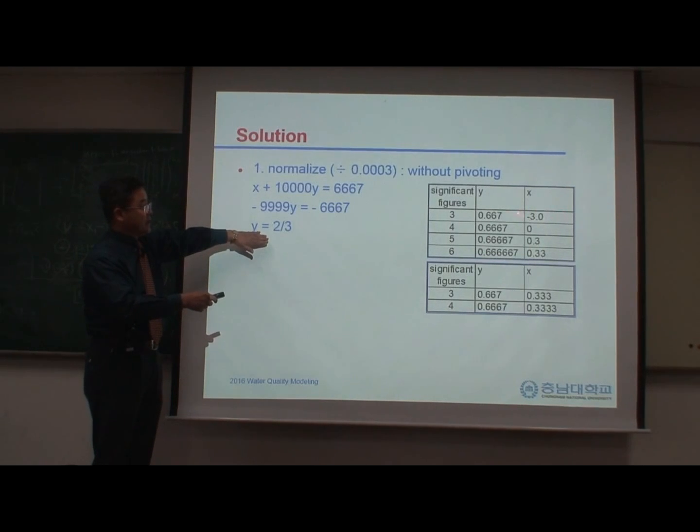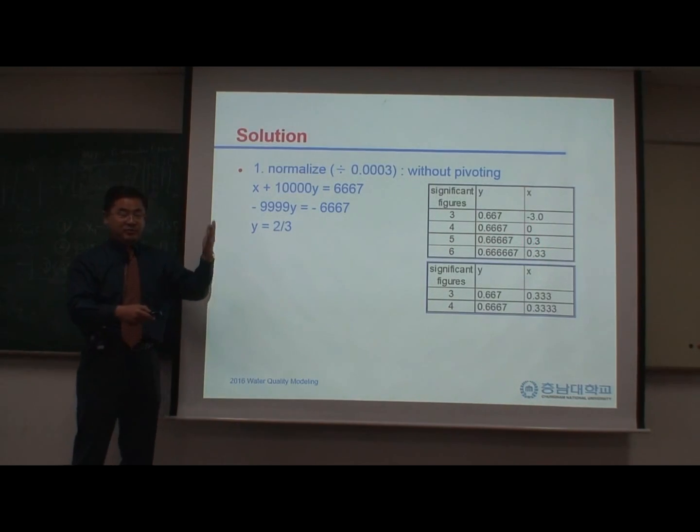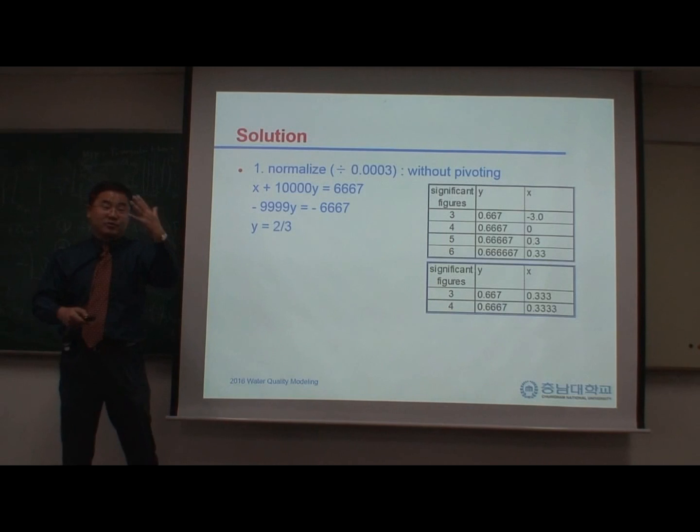So in this case, if you currently have 3 and put this back into your equation, your x will be -3. If you carry 4 significant digits, then your x will be 0. And then from this time, you will have something similar, 0.3, 0.33, 0.3333, right?